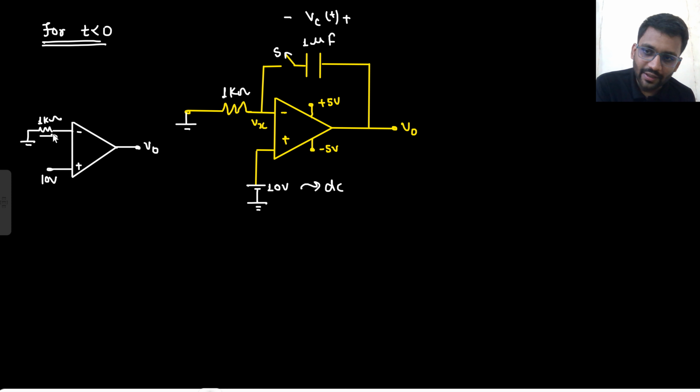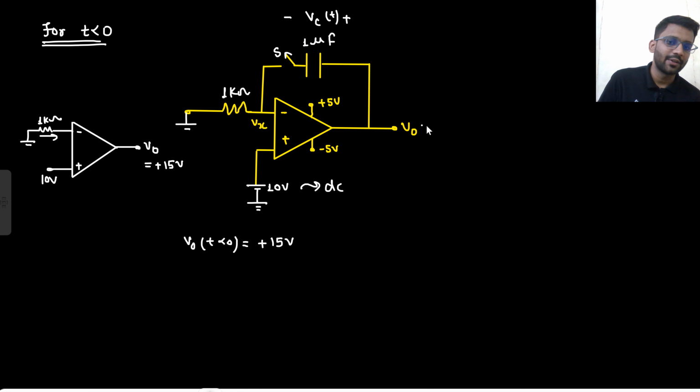This is driving 0 ampere current, so this node is at 0 volt only. So with 10 and 0 at the inputs, the output will go to plus 15. Say yes or no, right? So V naught for t less than 0 is plus 15 volt. The output is saturated to plus 15 volt.